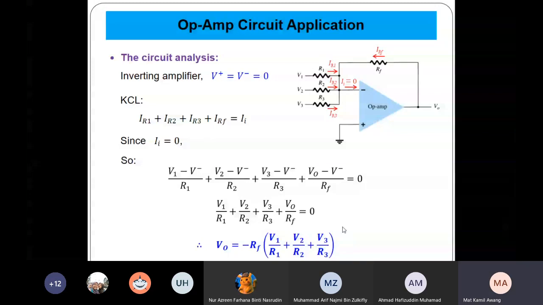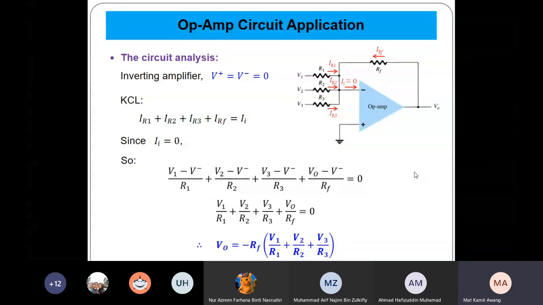Then after that, if I want to make this into a summer with a certain gain value, design it for me. I do that also. So there are a lot of things that can be done with the amplifier, a lot of questions that can be designed for the test. Okay.